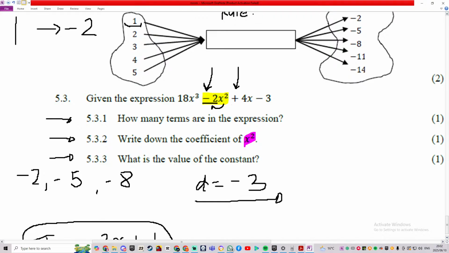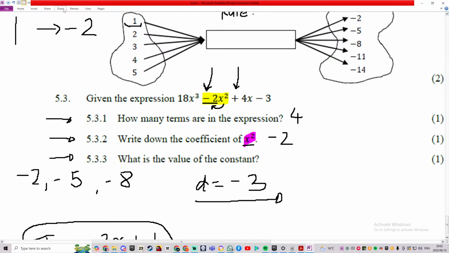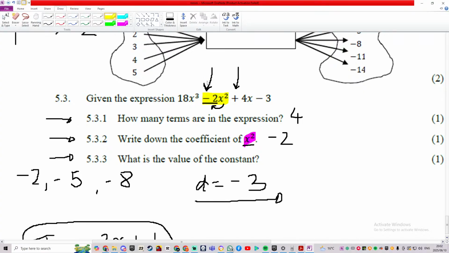We look at the number in front of the x squared when we talk about coefficient. Can you tell me what is the coefficient of x? 4, sir. Perfect. The coefficient of x to the power of 3? 18, sir. Perfect.